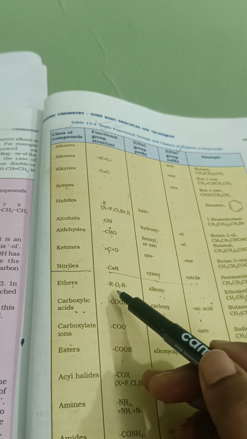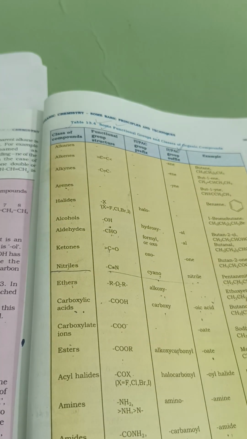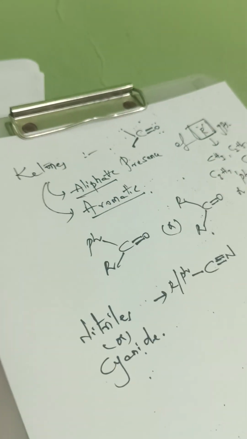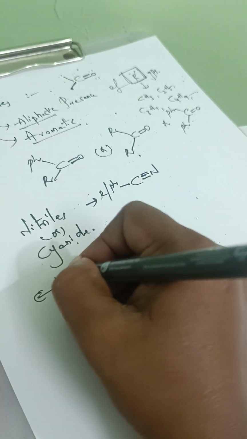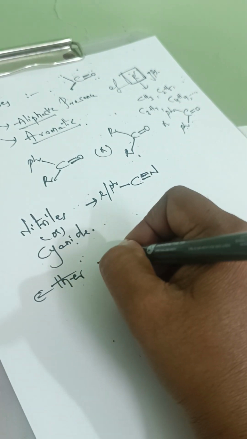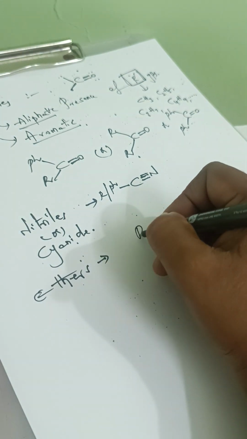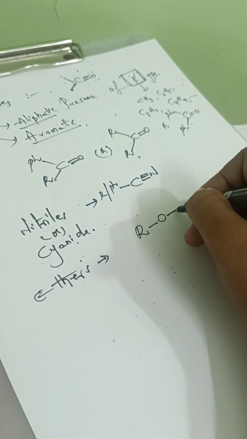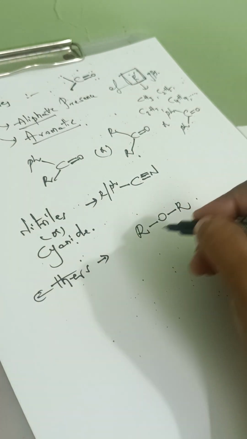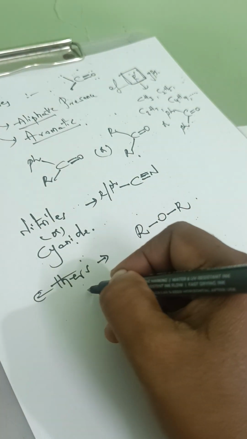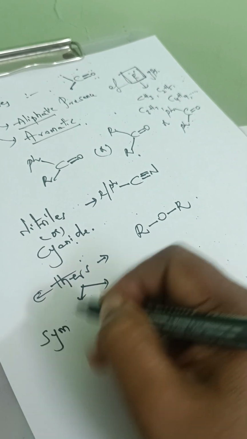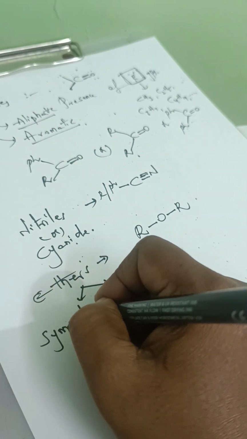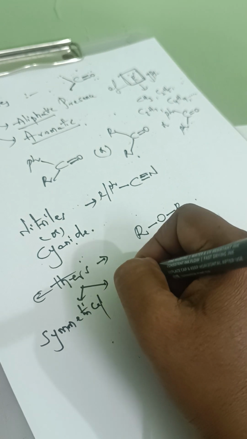Next, ethers, ROR. What is the general formula for ether? Ethers, R bond O bond R. These ethers may be symmetrical or unsymmetrical.